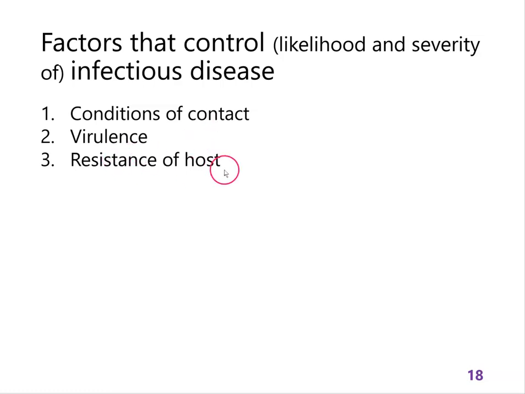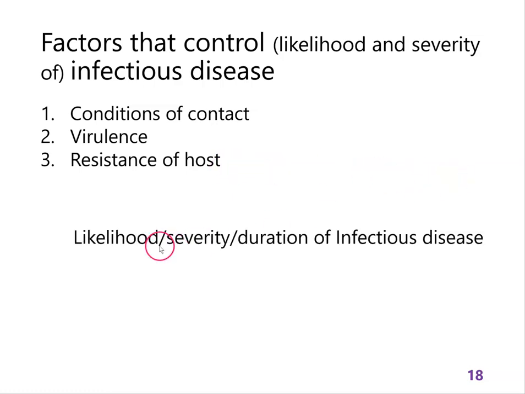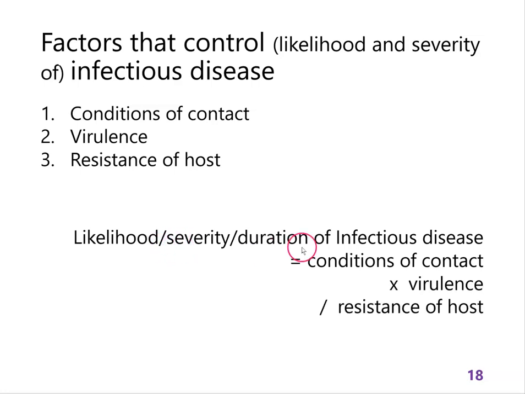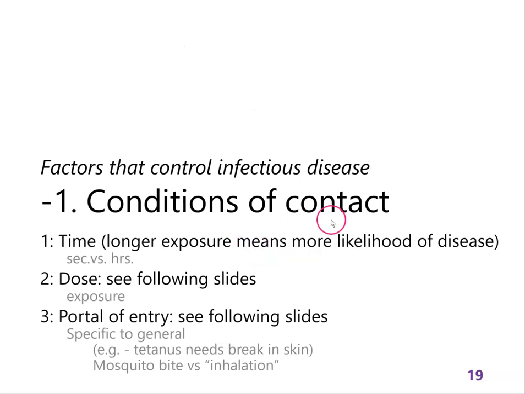And resistance of the host is how good is the host's immune system. These together can be used to predict the likelihood of disease.